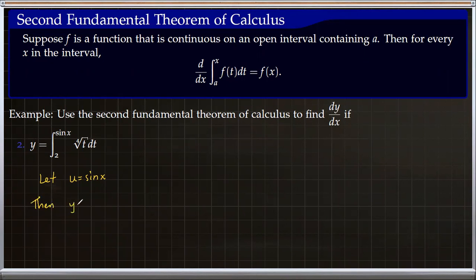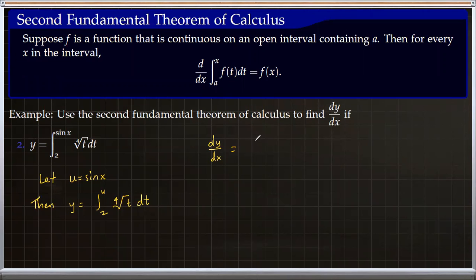Then y equals the integral from 2 to u of the fourth root of t dt. So now we are ready to find dy by dx. But if you look at the way y is expressed, it's in terms of u.